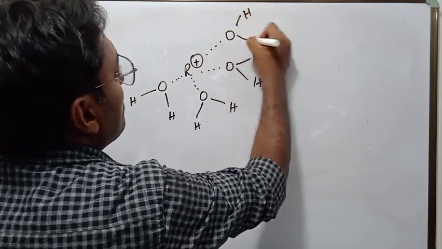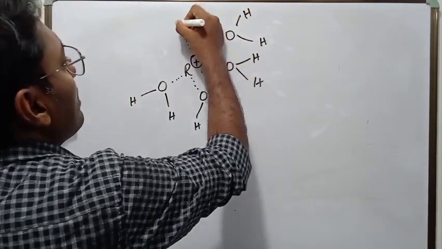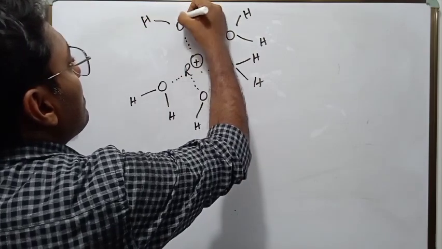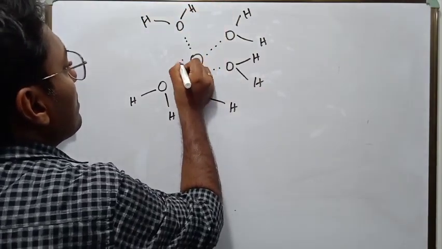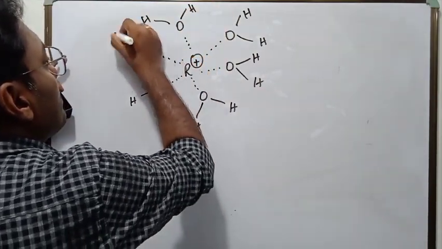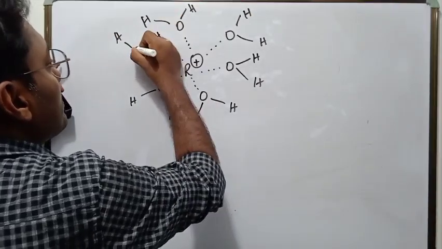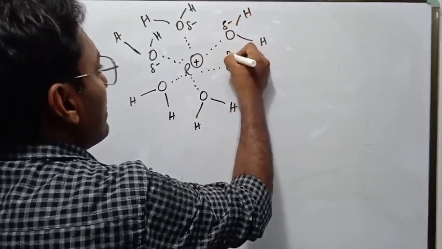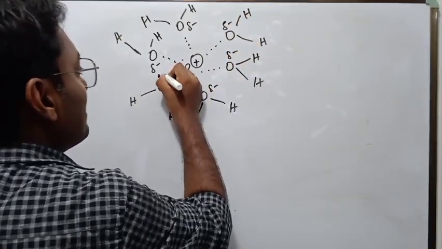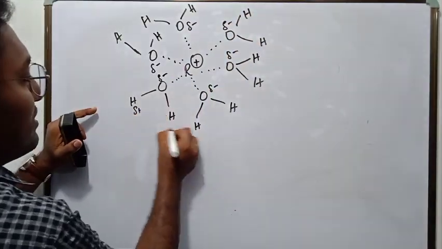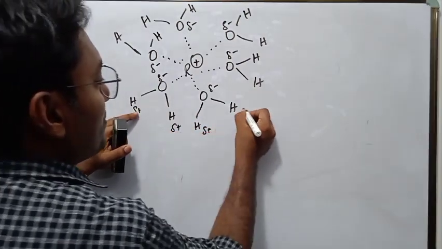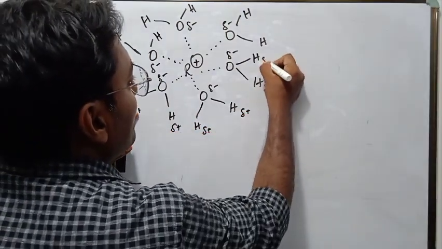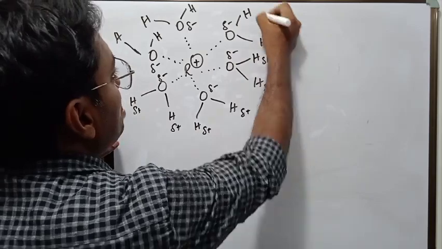All around the molecule we can see interactions with molecules of water. You can write a negative sign on oxygen and a positive sign on hydrogen, right? You can do that by yourself. I hope that it is understood.